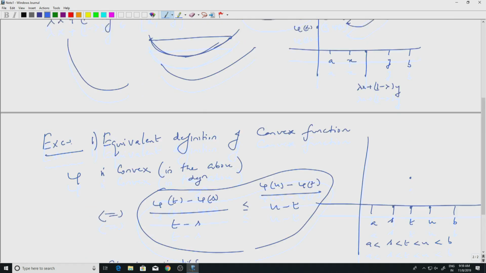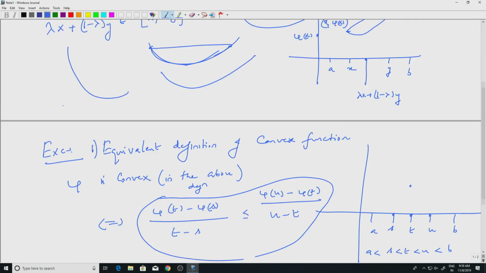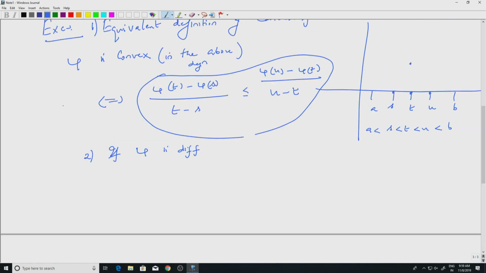Phi is just a function which satisfies this inequality. That is the assumption. Suppose phi is differentiable, then because of this inequality, phi is convex.